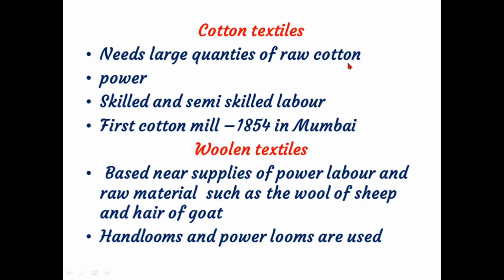It needs power, which means electricity, to run the looms and machinery, and it needs skilled and semi-skilled labor. Semi-skilled means half skilled, not very efficient. Skilled labor is needed, and at the same time semi-skilled labor also.